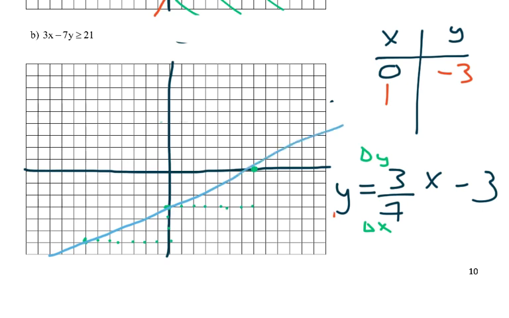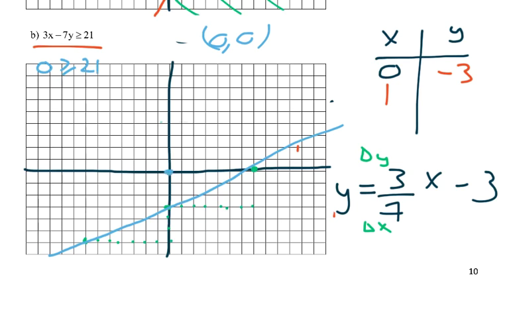Something like that. And then we're going to choose a nice easy point to see which side of this line we're going to be shading in to show which side satisfies this inequality. Again, I'm going to choose (0, 0). So 3 times 0, 0, minus 7 times 0 is greater than or equal to 21.